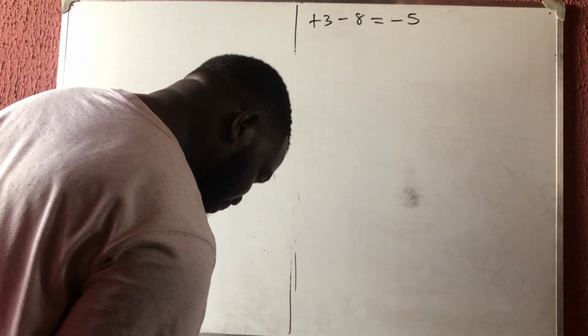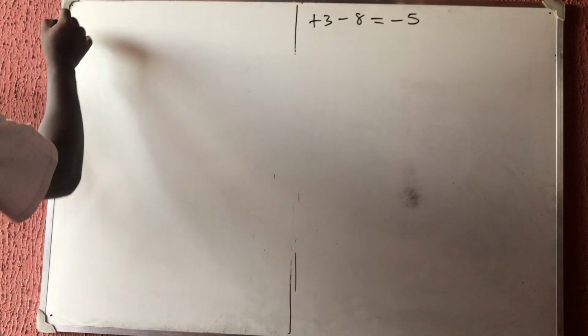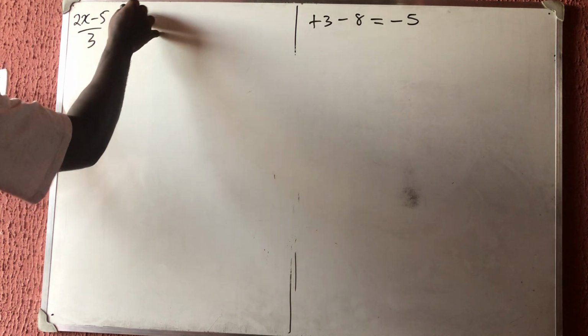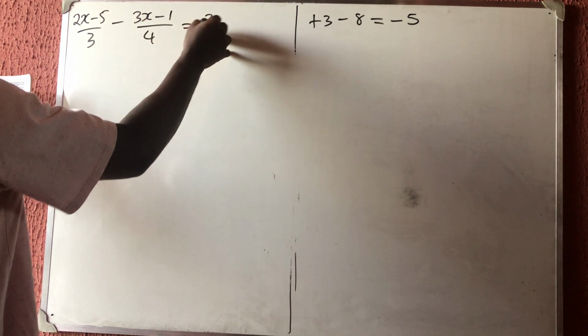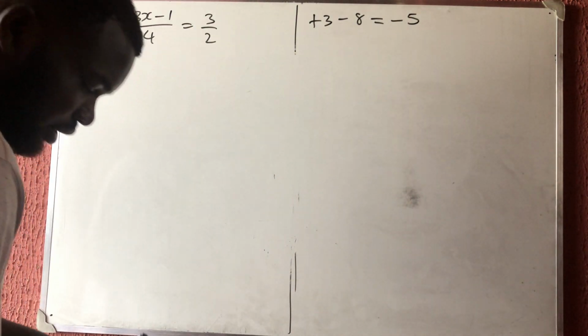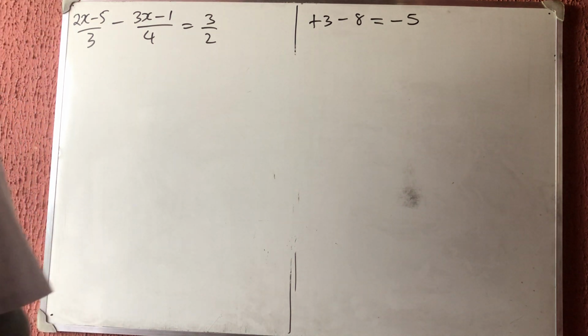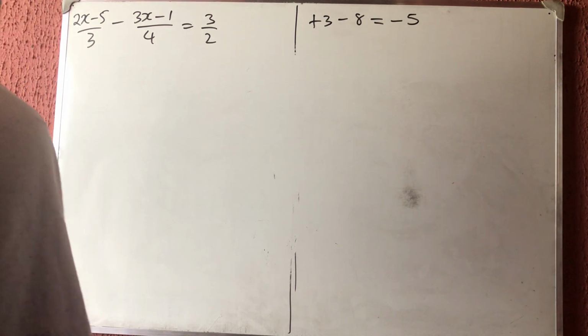Do we have any other question here? Okay, look at this particular one. 2x minus 5 all over 3, minus 3x minus 1 all over 4, is equal to 3 over 2. The same thing is applicable here. So what do you do?